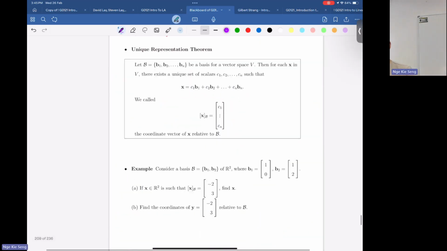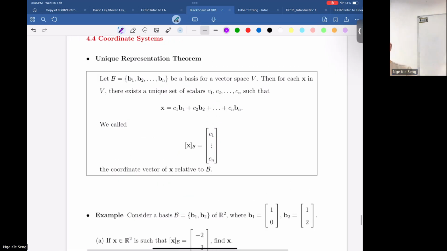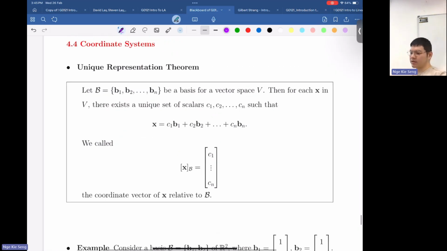Before we talk about the basis theorem, there's the unique representation theorem again, with the coordinate vector that we introduced last time. We will do it for a general vector space now. First you should start with a basis, meaning these vectors are linearly independent and span V. You can get V out of b1 until bn using linear combinations.